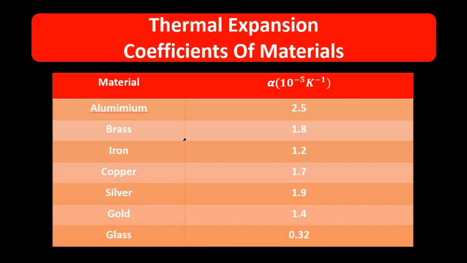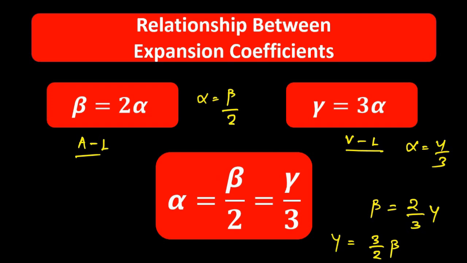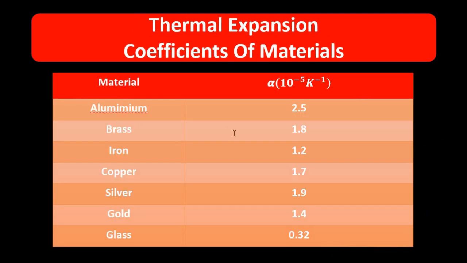These are some of the thermal expansion coefficients of materials. I have included only the linear expansion coefficient. From this you can calculate the other two using this formula. Again, these are approximate values; you cannot go for accuracy and precision here. For aluminium, the expansion coefficient is in terms of 10 to the power minus 5 Kelvin inverse, so whatever the number is, you multiply it with 10 to the power minus 5 Kelvin inverse.